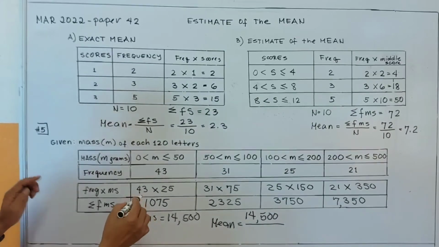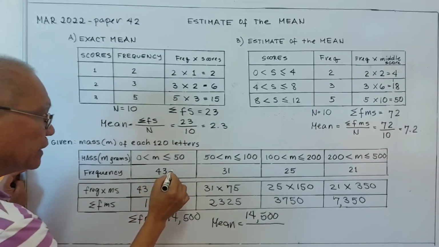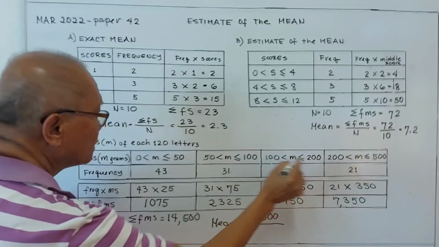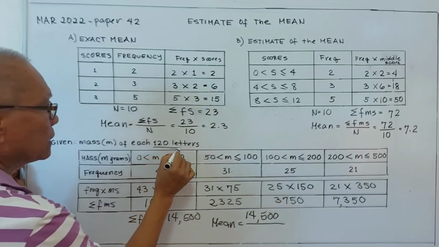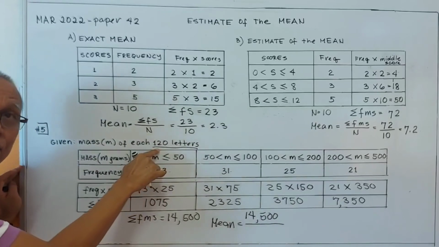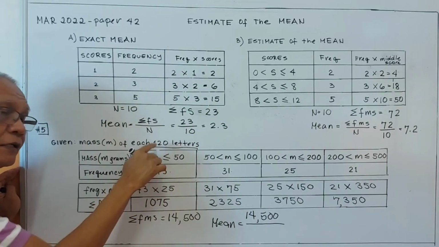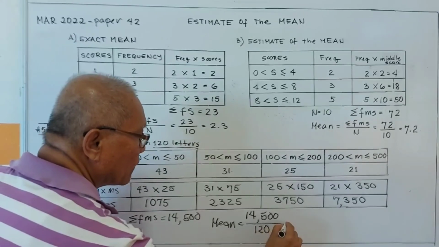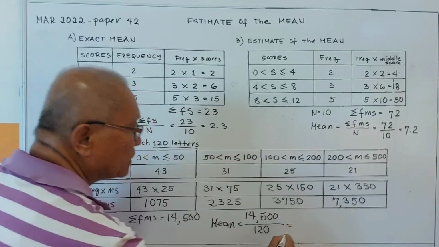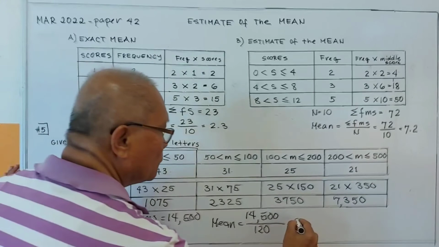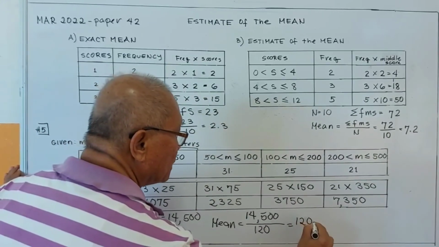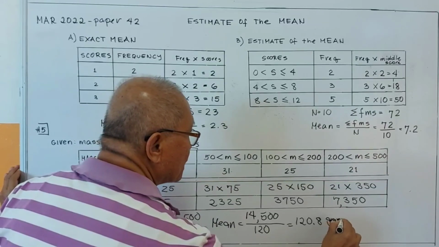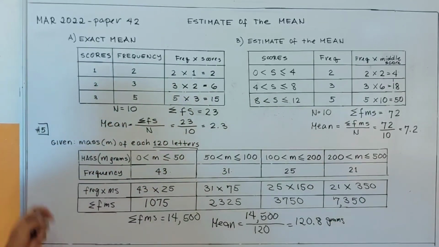And our n here, if we add 43 plus 31 plus 25 plus 21, the total is 120. We divide 14,500 by 120, and we get 120.8 grams. That is the estimate of the mean in grams.